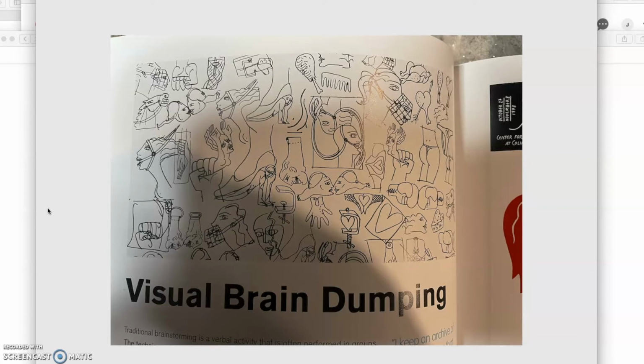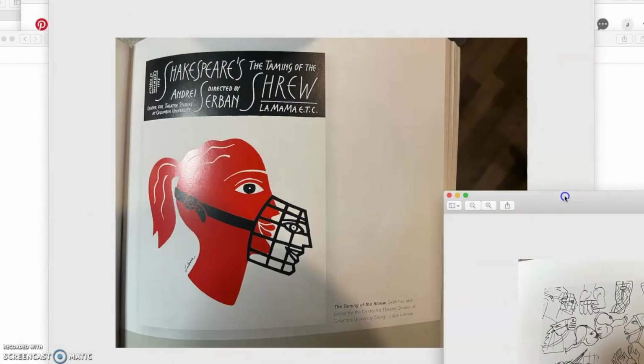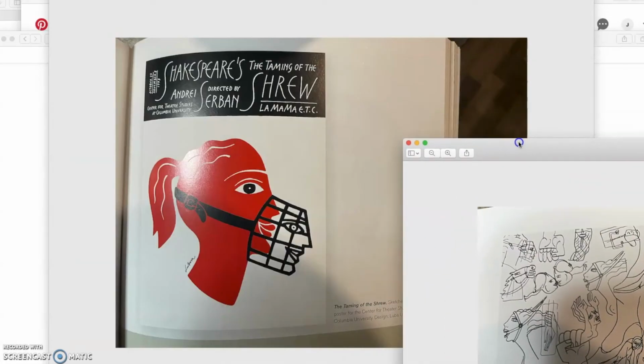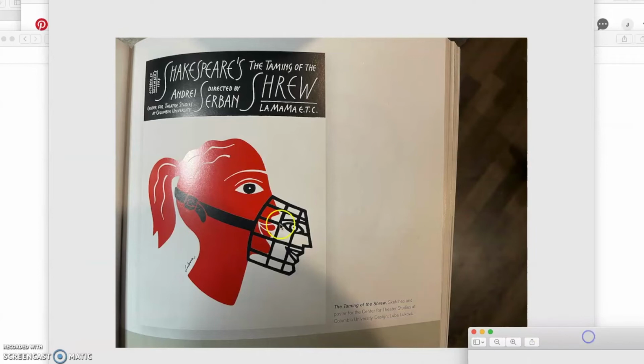So you can sort of see all these different ideas going into it, and then you take a bit of that away, and then see if there's any golden nuggets, and in this case this brain dump sketch led to this very well-known Shakespearean poster from Luba Lakova.